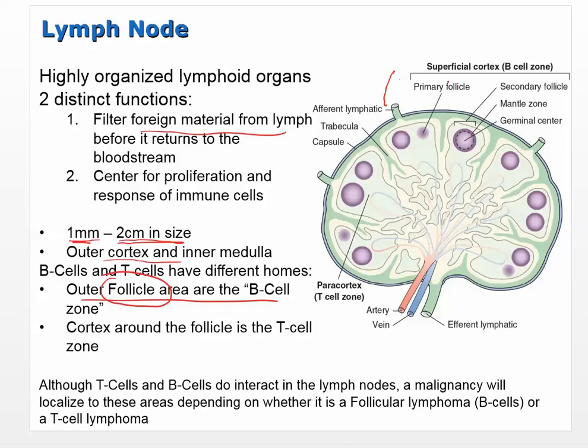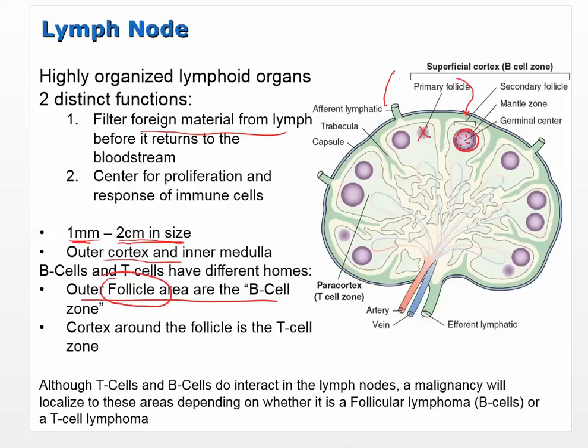So this is a follicle up here, and you can see how it has its own little structure within the lymph nodes, and this is where the B cells tend to hang out. Okay, so this is a secondary follicle, the primary follicle. I'm not too worried about you knowing the difference, but the primary follicle isn't functional yet, so that's still developing, and so the B cells will hang out in this secondary follicle, and then there's this mantle zone.